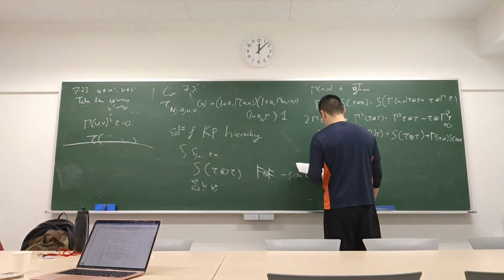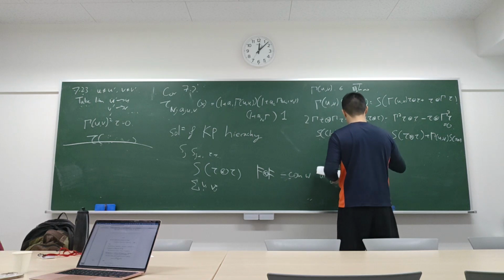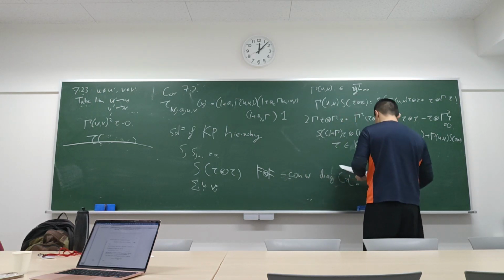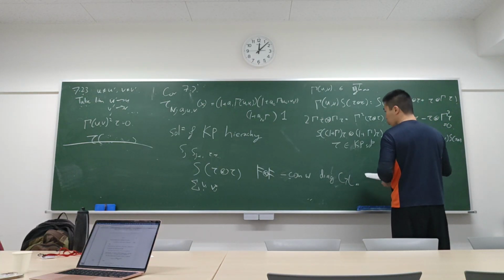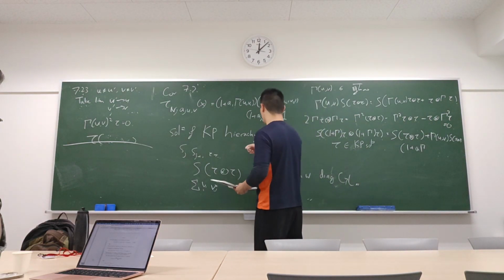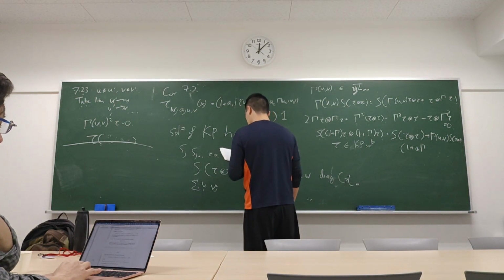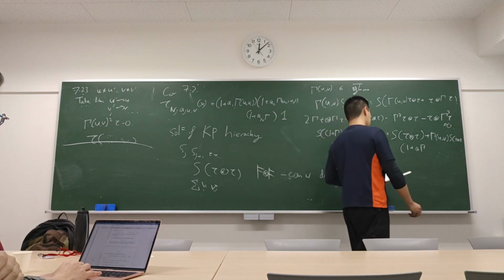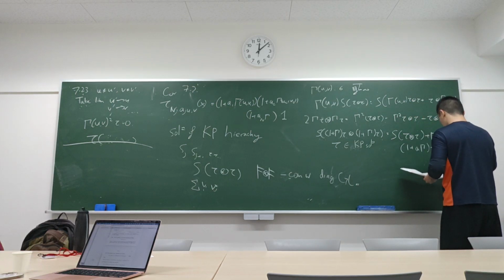So basically it shows that if tau is a solution of this KP hierarchy, then using what we just showed previously, that this gamma squared is 0, 1 plus A gamma acting on tau is also a solution.